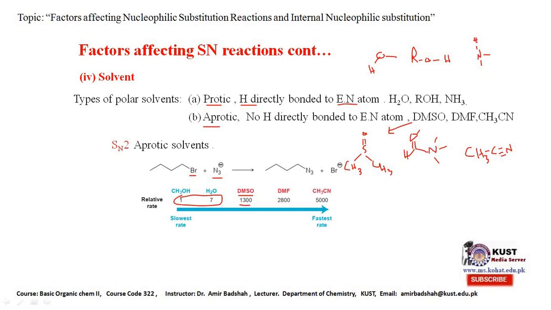Similarly, if the polarity of the aprotic solvent increases further, for example DMF and then acetonitrile, the rate of the SN2 reaction increases enormously. So in the protic solvent, the rate of the SN2 reaction is very slow, but in the aprotic solvent, the rate of the SN2 reaction is very fast. Now the question arises: why is it so?